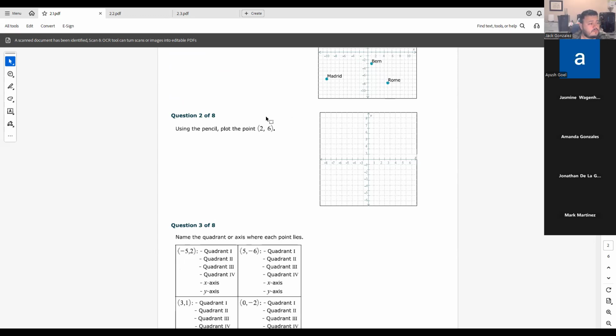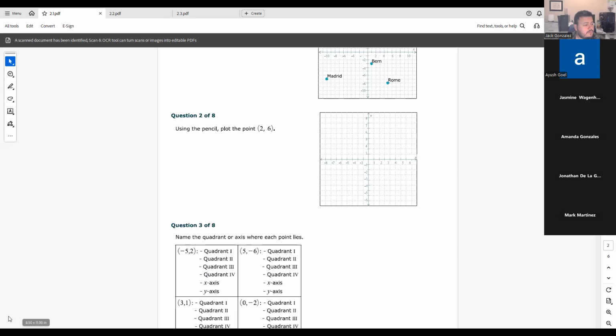Okay. Now, before we answer this question, what quadrant is 2 comma 6 going to be in? Yeah, it's going to be quadrant 1, right?